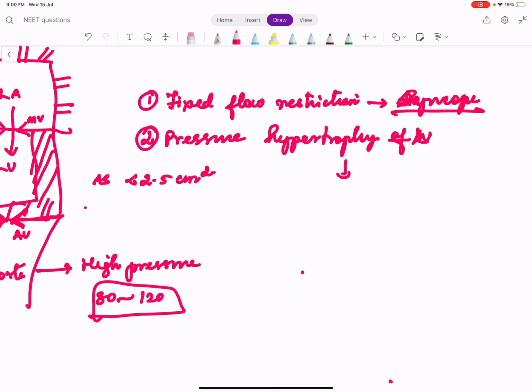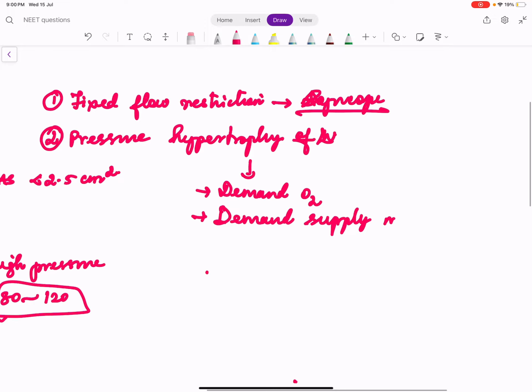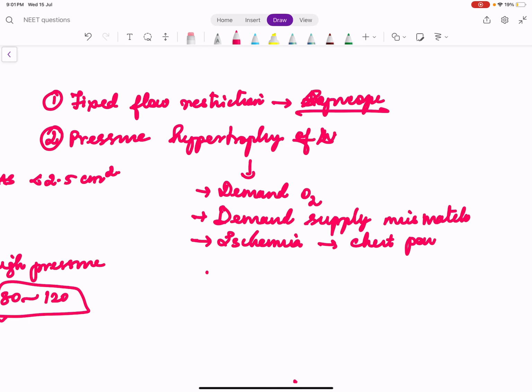When left ventricular hypertrophy increases, the demand for oxygen increases, whereas the blood supply remains the same, so this leads to a demand supply mismatch. This demand supply mismatch leads to cardiac ischemia and chest pain. So this is the second part of the triad. Syncope, chest pain, and now how does dyspnea occur?